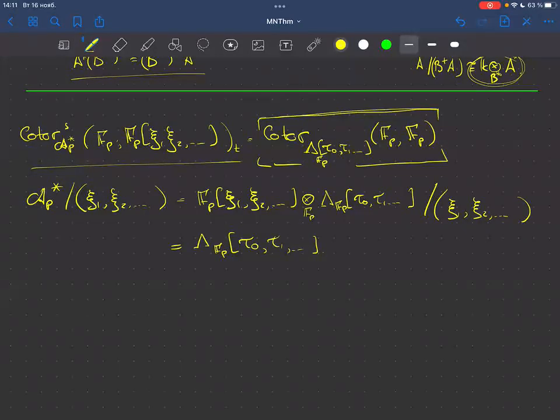The claim is that this thing can actually be computed, and if you ever heard about the Koszul complex, then you know the answer.